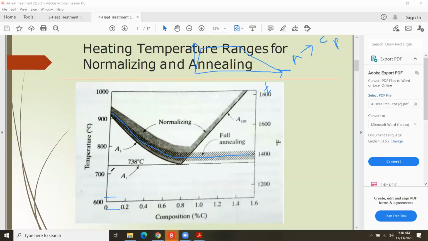But process annealing can be done below this critical line, that means in this temperature range, right? This is the difference between full annealing and process annealing. Full annealing can be done above the lower critical temperature line. Process annealing can be done below the critical temperature line, right?